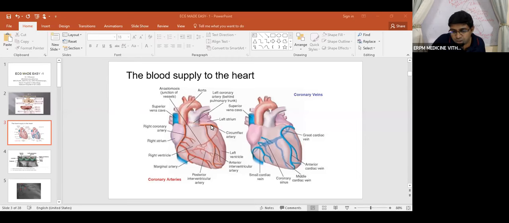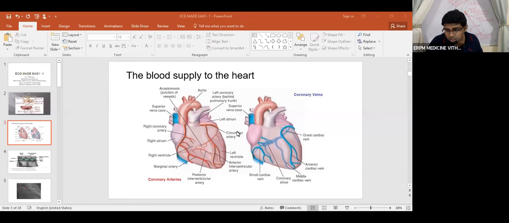Tomorrow, if you have a block here, these are the parts of the heart which are going to undergo ischemia. So that's what we are going to correlate in ECG. We are going to say the changes are there in the leads which are looking at this part of the heart.